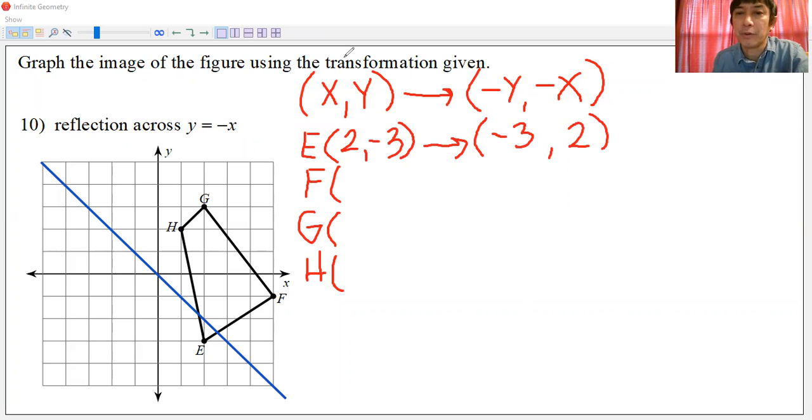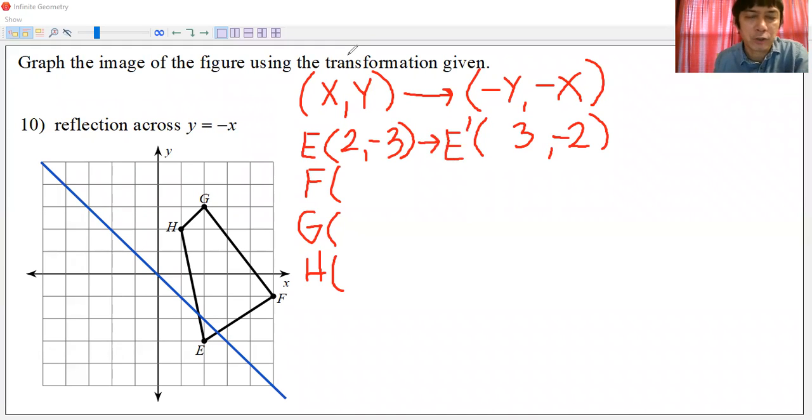Now remember, you're going to reverse the signs. If it's negative, make it positive. If it's positive, make it negative. So the negative 3 here now will become positive. And the positive 2 there will become negative. There. This will be our E prime.